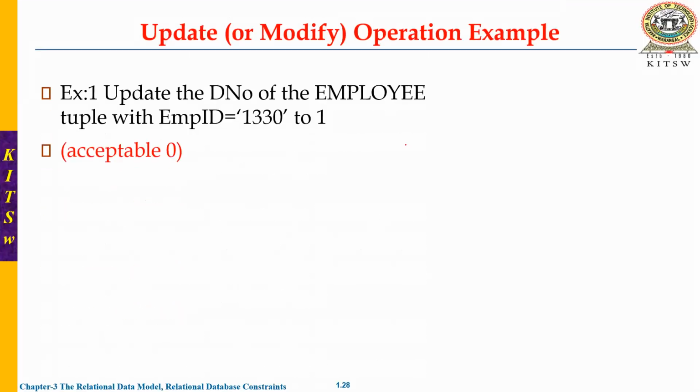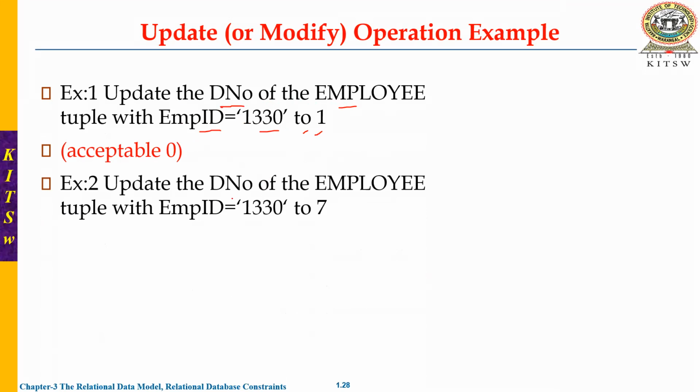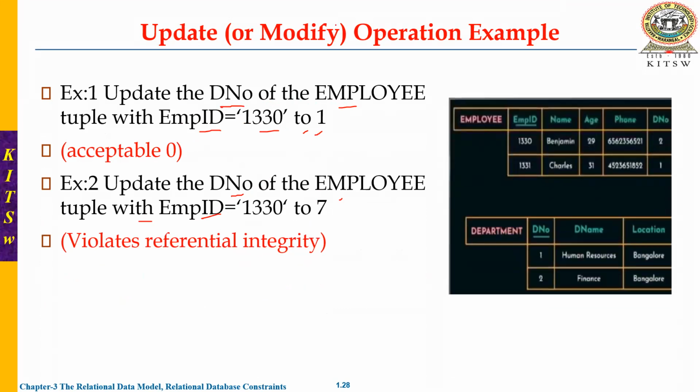Modify operations: when you update the department number of the employee tuple with employee ID 1331 to 1, it is acceptable. Update the department number of the employee tuple with employee ID 3331 to 7, this will violate the referential integrity.